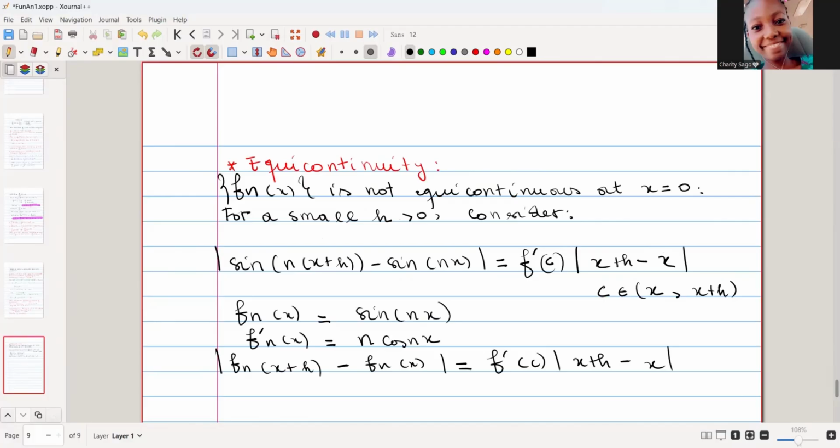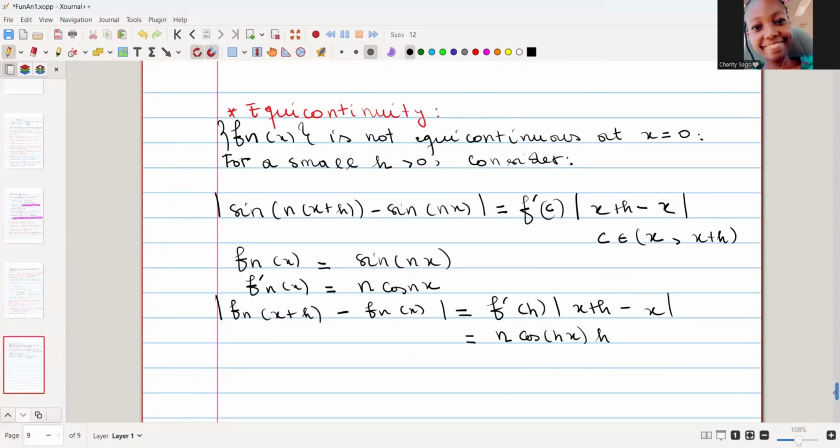This is just for a small h, and we can also take this c like h. So since h is small, we can take it like h, and this is just n cosine of hx. Here is h, so we have nh cosine hx.